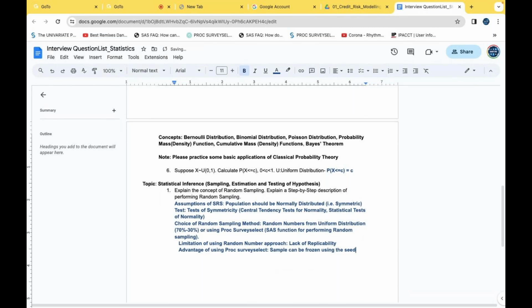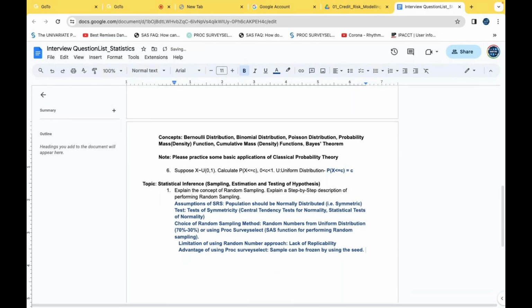If you specify the seed in a random sampling, the sample is frozen by specifying the seed. So once I specify the seed in a PROC SURVEYSELECT function, when I'm doing a simple random sampling, the sample gets frozen.